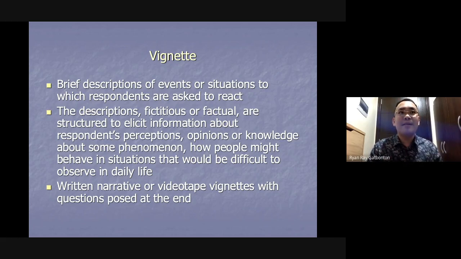Usual examples for vignettes are when you are asked, if you were the person sa katayuan ni ganito, how will you react? Okay? So you're given a situation, then you were asked, how will you react? Then that's a sample of a vignette. Okay?